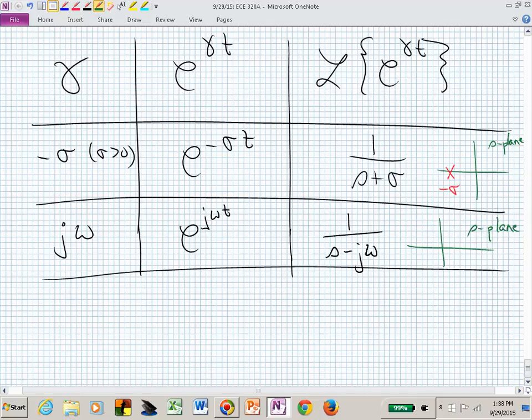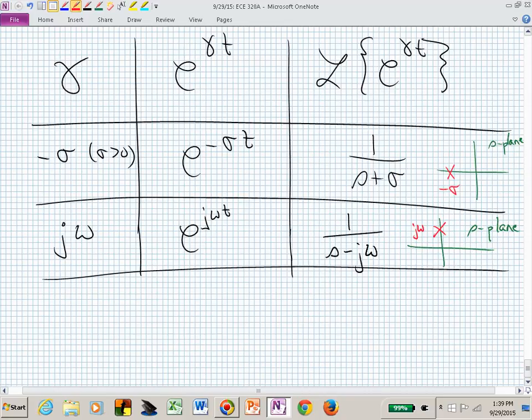Do I have any zeros in that ratio of polynomials? Is the numerator, does it even have any terms in s? No, it's a constant. There's no s in the numerator, so there's no s that will allow the numerator to vanish or to be equal to 0. What value of s causes the denominator to vanish? J omega, that's a pole. And now I go into the imaginary axis, a distance omega. That's j omega. J is up and down.